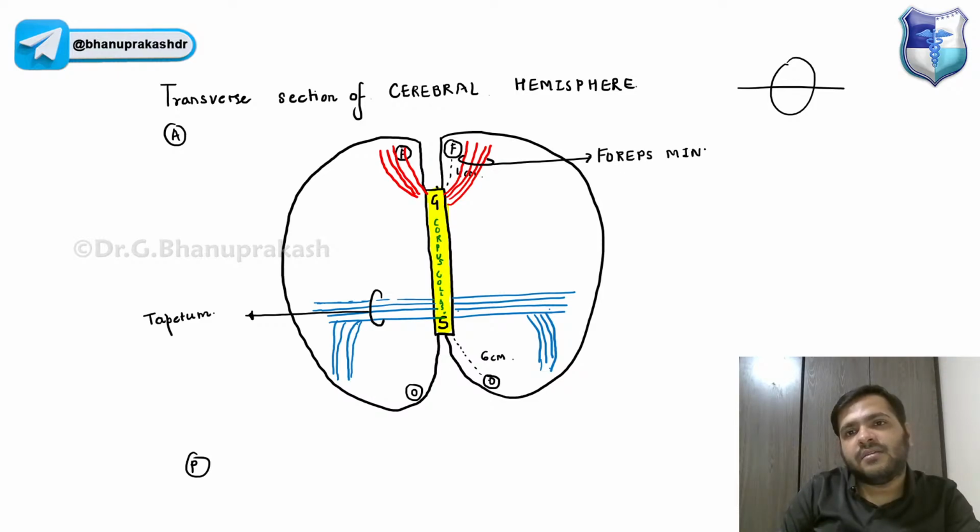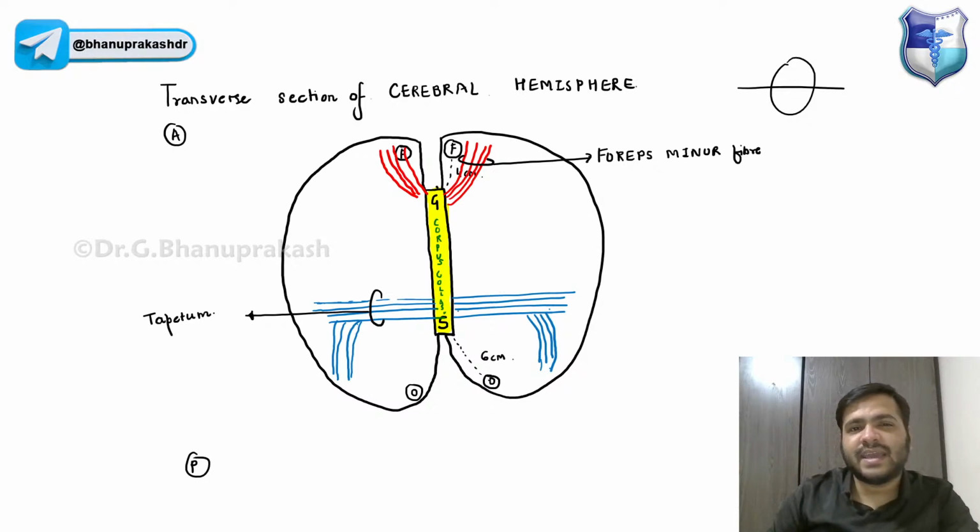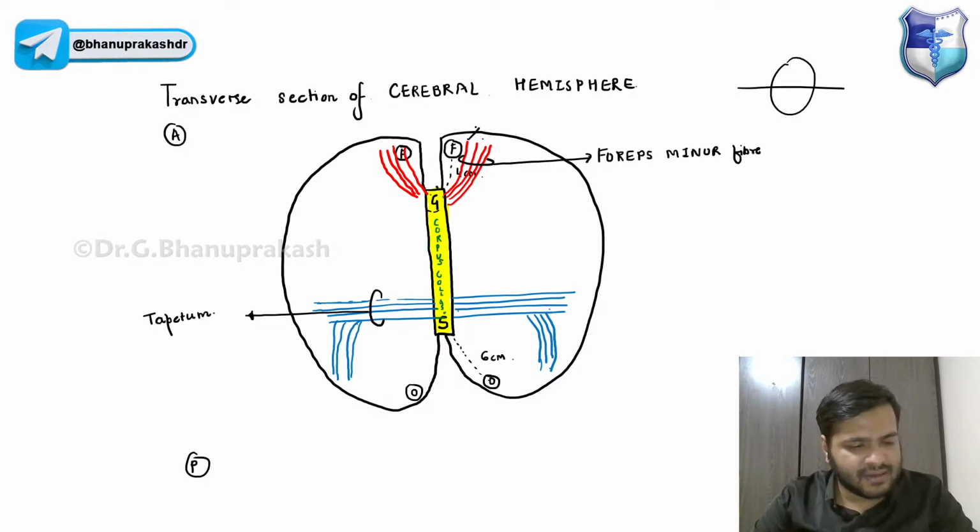Basically they look like forceps, so they connect anteriorly from the genu of the corpus callosum to the frontal lobe. These are called forceps minor fibers.